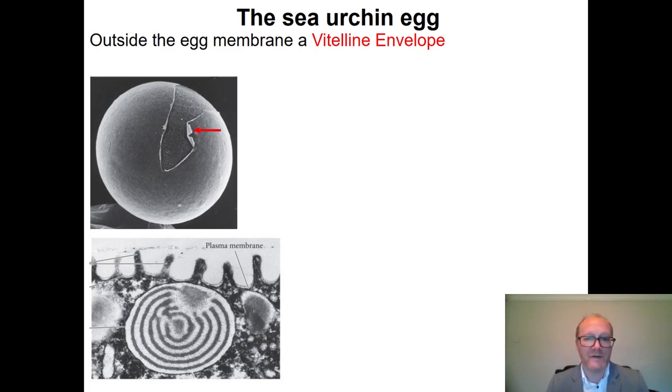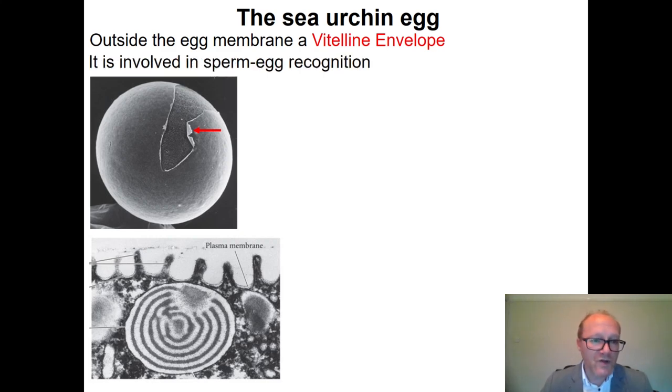Here you can see the vitelline envelope on top of the membrane of the egg. One of the jobs of the vitelline envelope is to recognize, if you want, the sperm. So it is involved in the sperm-egg recognition, as well as protecting the egg.